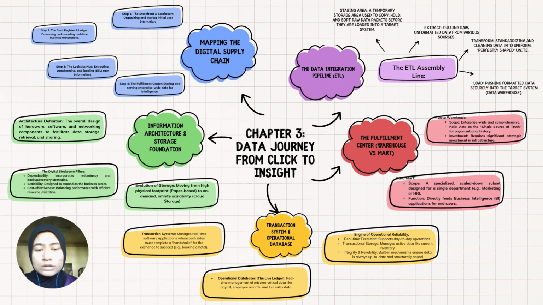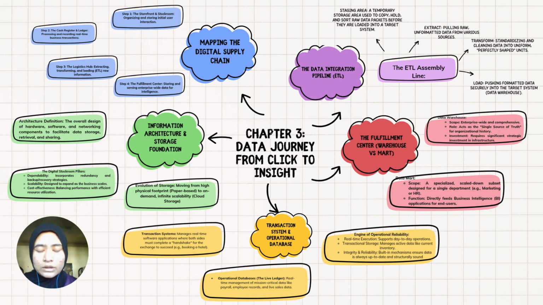So the third one is the data integration pipeline (ETL). Here we involve step 3 in the digital supply chain, which is the logistics hub, where the raw information is prepared for analysis.